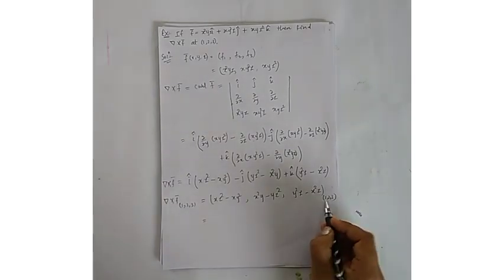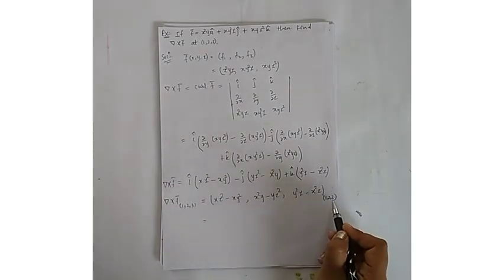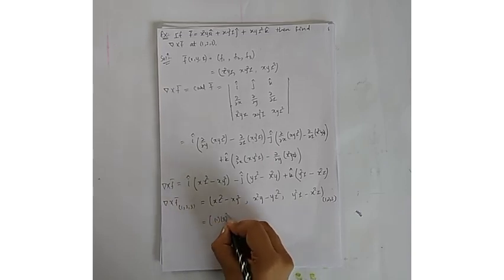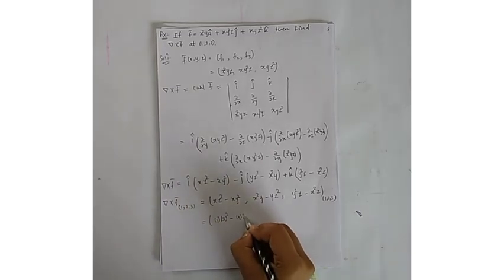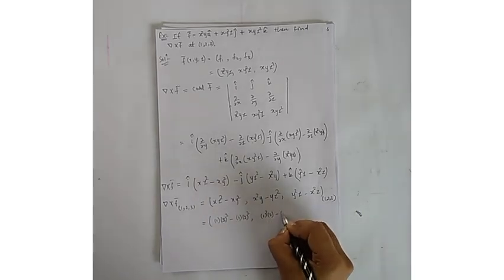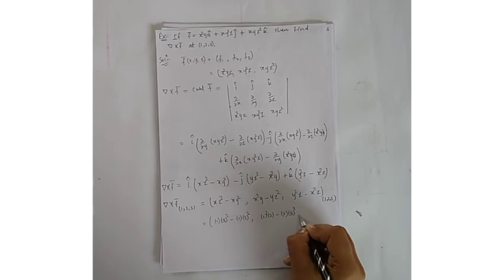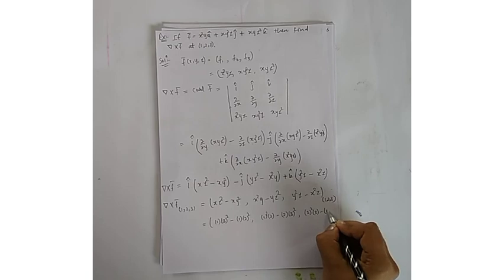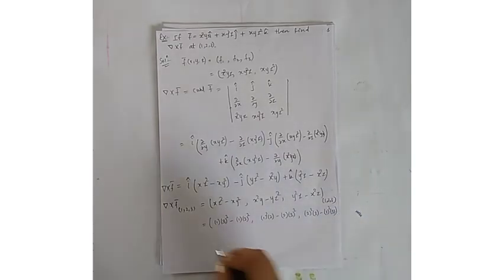So put x equal to 1, y equal to 2, and z equal to 3: 1 times 3² minus 1 times 2², here 1² times 2 minus 2 times 3², and 2² times 3 minus 1² times 3.